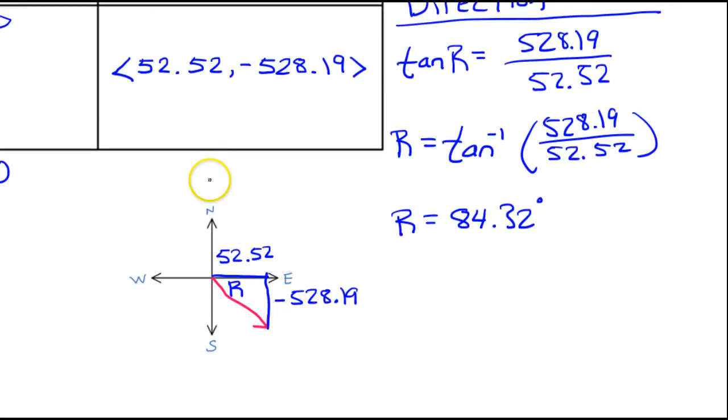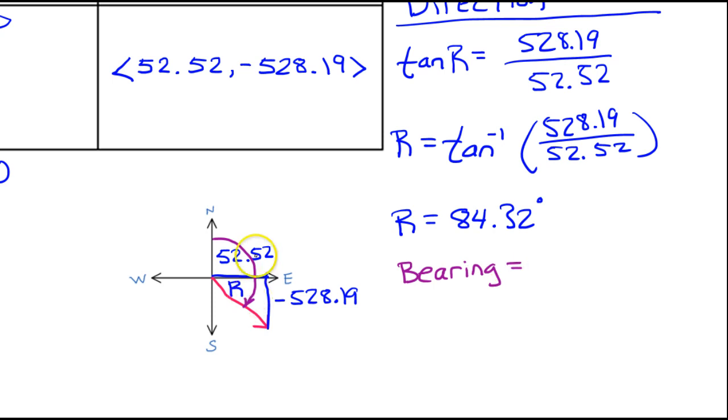So let's think about the fact that bearing is measured from north and it goes clockwise. So the bearing of this vector would look like this. Okay, that's the bearing. So let me write this down. Bearing.